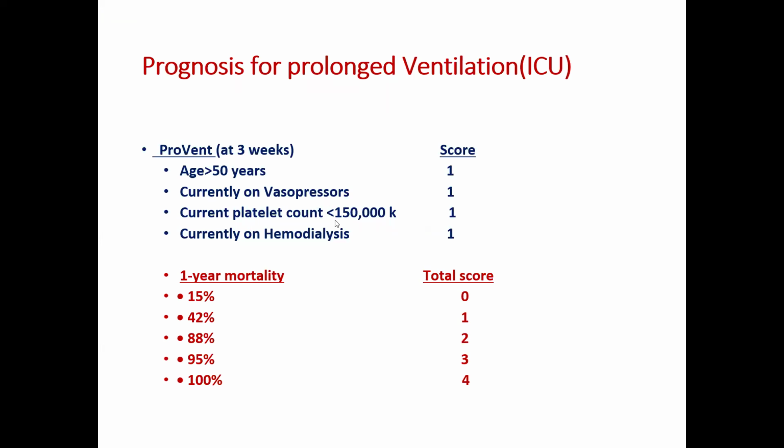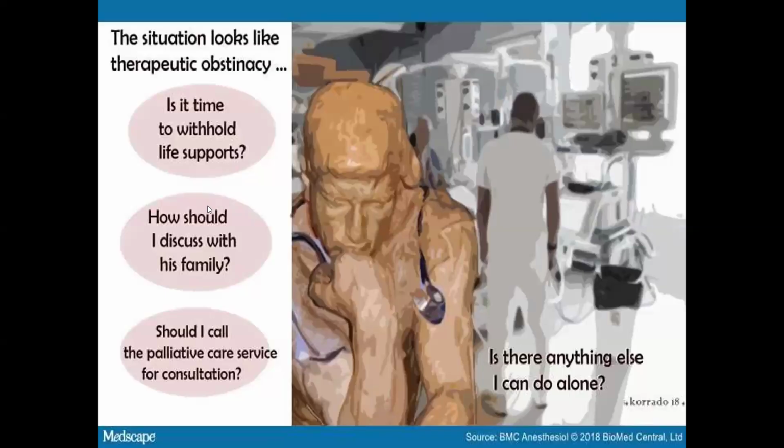I use this one personally all the time in ICU. Very simple, straightforward. So please look it up and try to use it. Here you have whether hemodialysis or not, the platelet count, vasopressors, and the age. Four basically variables here.